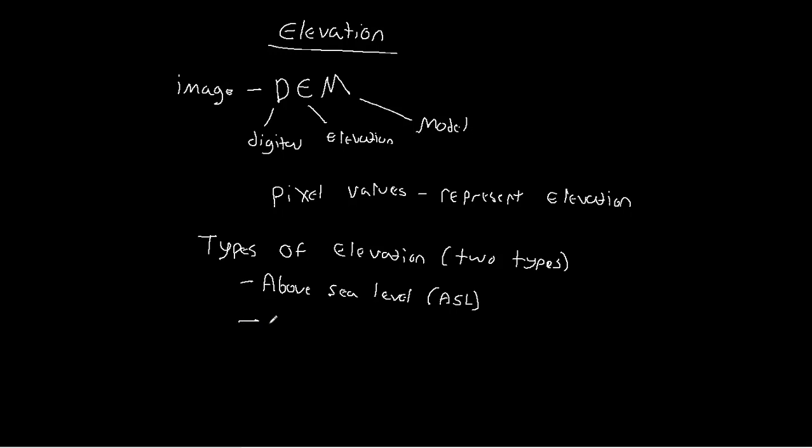The second is above ground level, or AGL. And again, we're going to talk about this difference in detail in its own video. So don't worry about the definitions of these. We're just overviewing. We're going to have two different types of elevation.